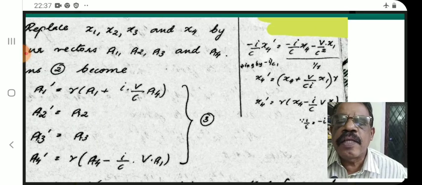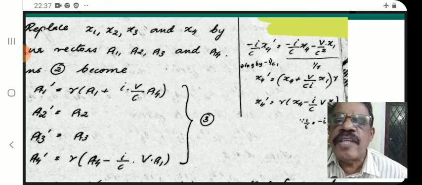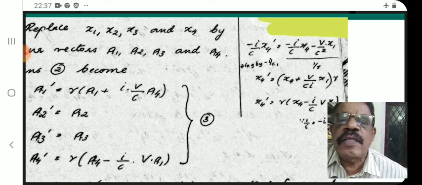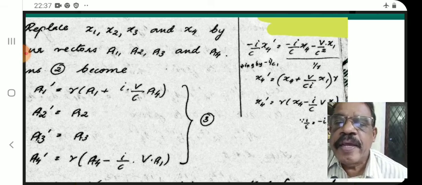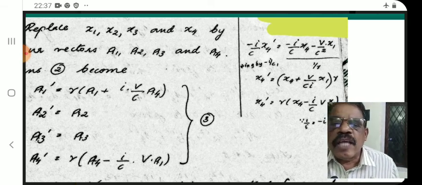In the place of t dash we write minus i by c x4 dash, and in the RHS we similarly get minus i by c x4 minus v by c square x1. We are not multiplying each term, but dividing by minus i by c.